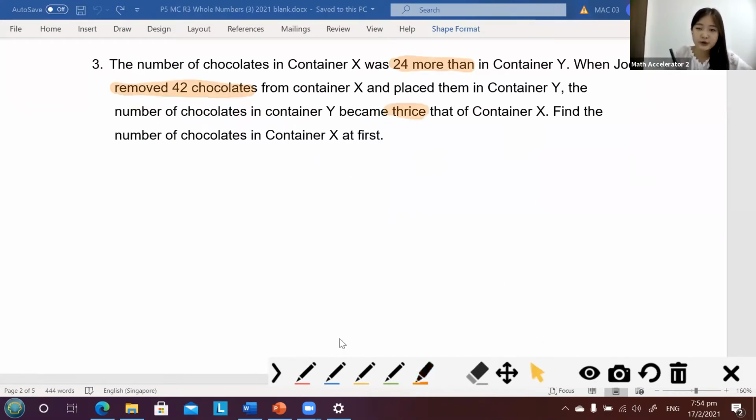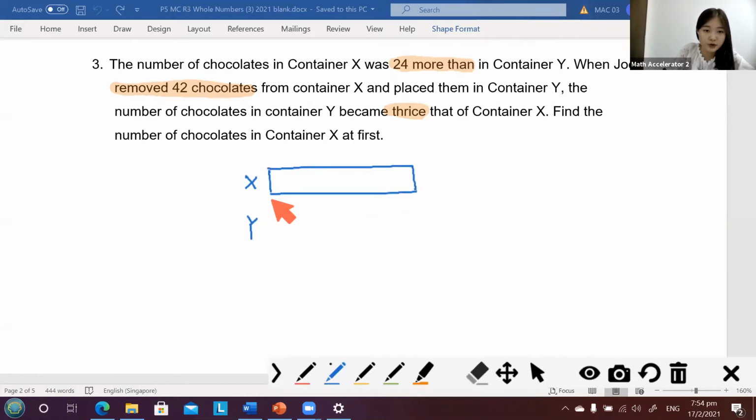It seems very wordy, this question, but essentially the concept is still the same from question 1 and 2. So let's first draw X and Y. X is 24 more than container Y. So we'll draw 24 more.